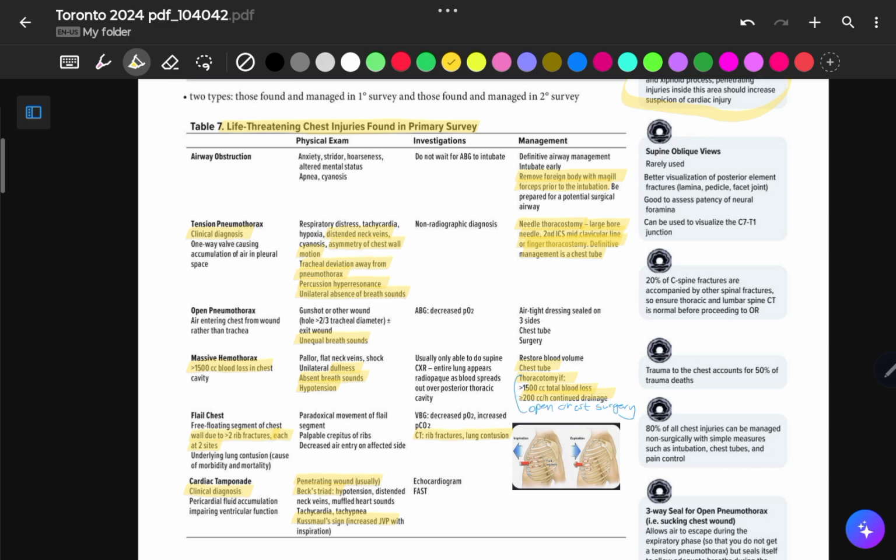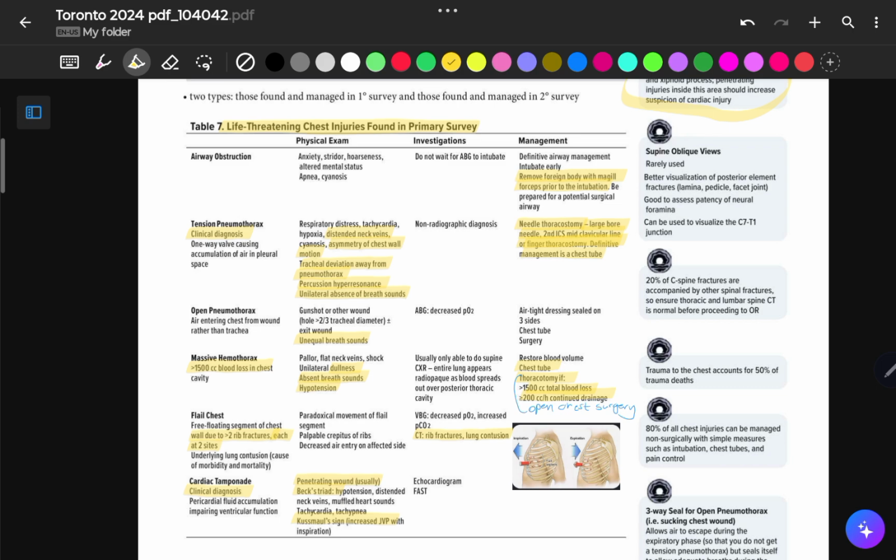Next, tension pneumothorax. Remember, it's a clinical diagnosis. It's a one-way valve causing accumulation of air in the pleural space. The patient presents with distended neck veins, asymmetrical chest wall motion, and tracheal deviation away from the pneumothorax.